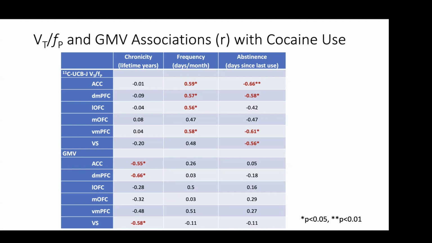So for the areas where you expected it, like the ventral striatum, that's one correlation. We also saw that the participants who were scanned farther down in the hospital-based abstinence, like 21 days versus 10 days, or 20 days versus 13 days, had lower synaptic density.